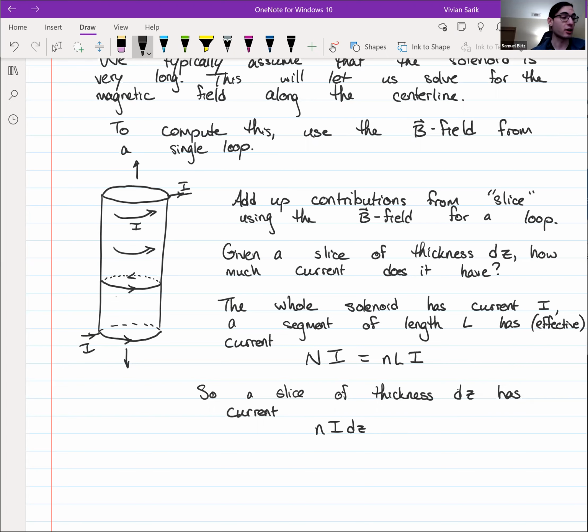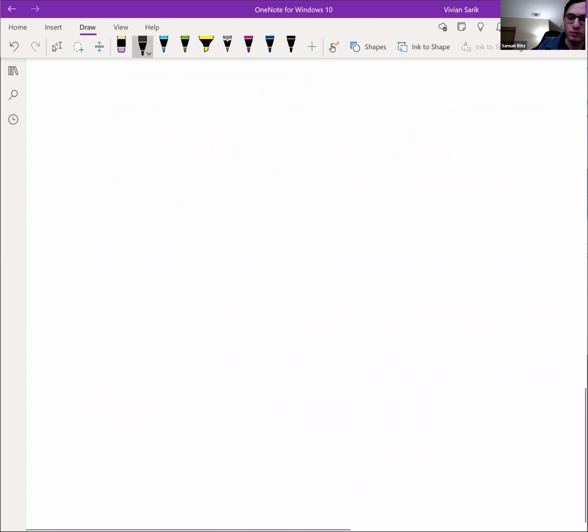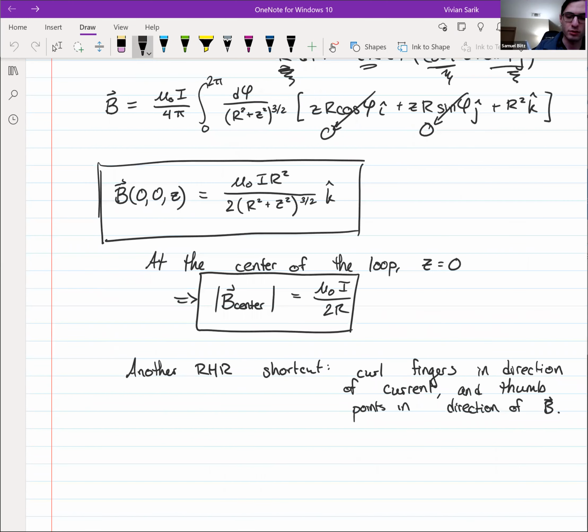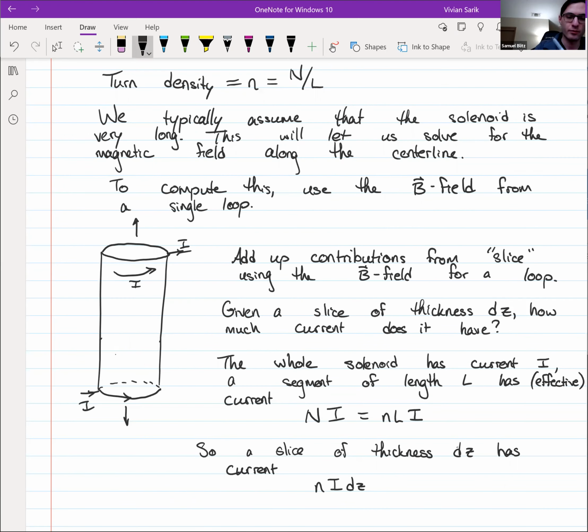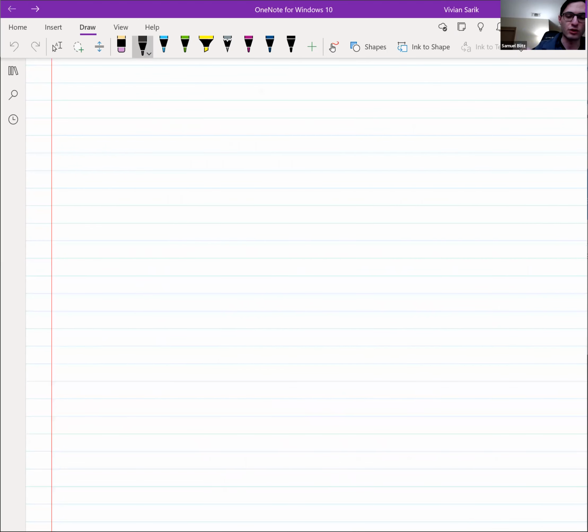So from there, we can figure out what the magnetic field contribution is from that slice. So before we do that, I'm going to amend this picture slightly. Oh boy, what just happened? Okay, I'm going to have to redraw this back into the picture.